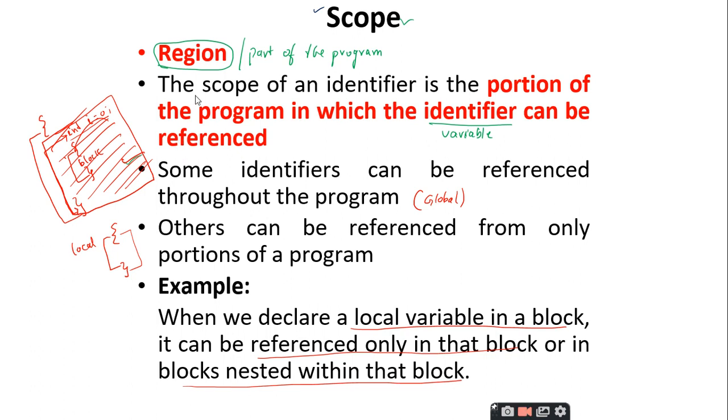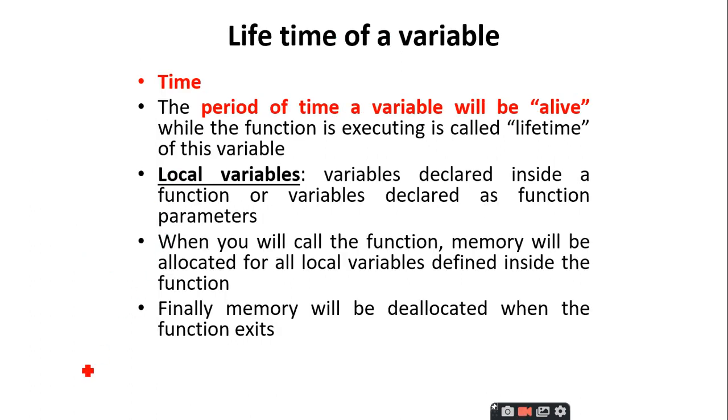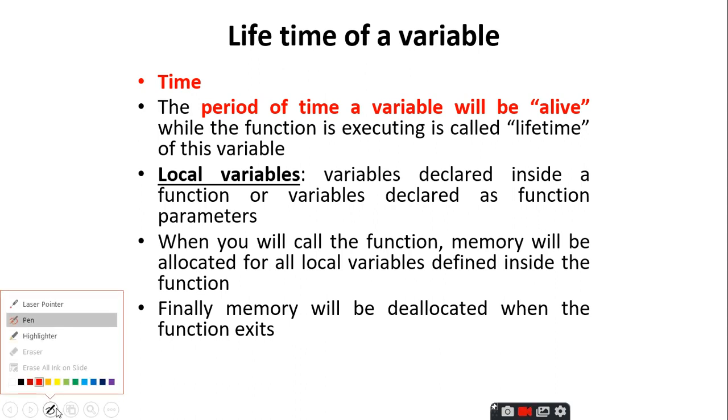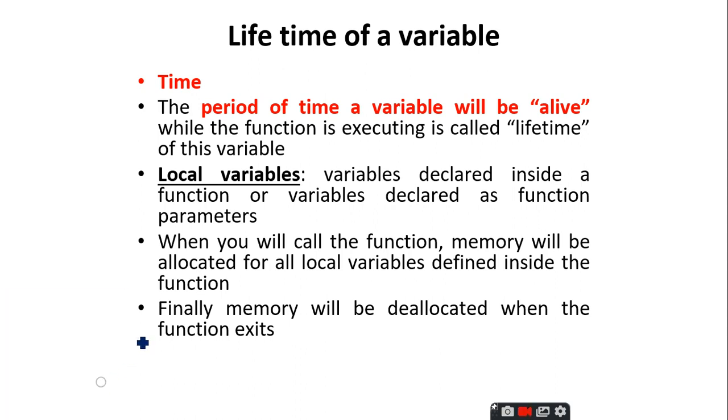Now let us have a discussion on the lifetime of a variable. I have given you a hint that the lifetime specifies the period of time over which you can access that variable, or over which the variable is alive. Only when the variable is alive can you access it.